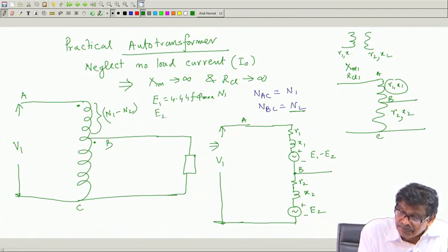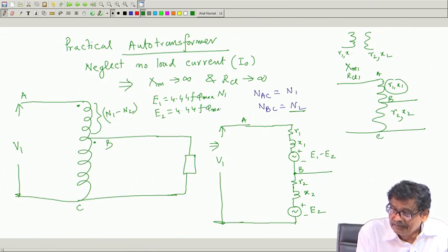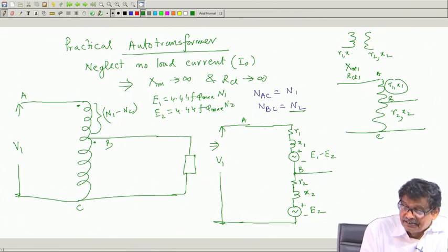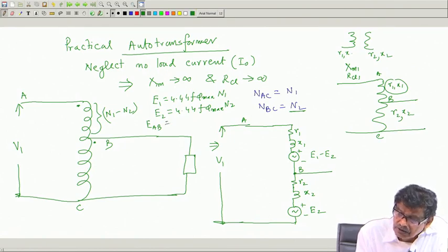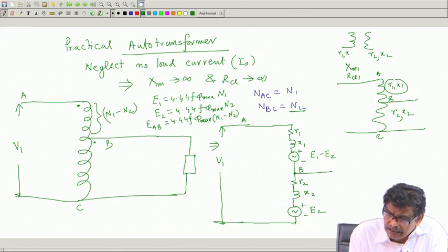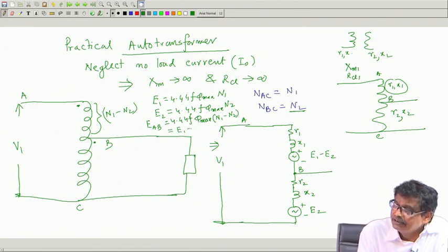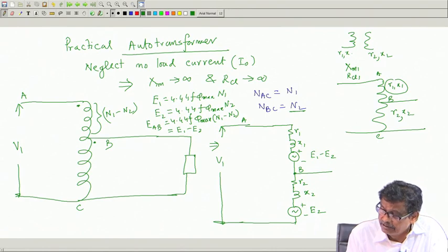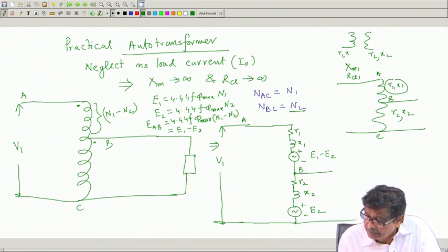E 2 is equal to 4.44 A phi max N 2, and if I ask what is the induced voltage between A and B, it will be equal to 4.44 A phi max into the number of turns between these two points, which is nothing but N 1 minus N 2, and which will give me E 1 minus E 2. Got the point? So, this is the thing, and here will be your load.